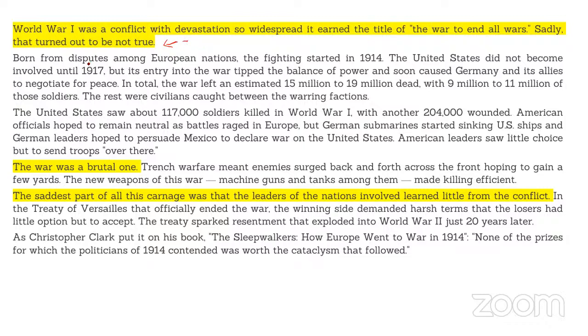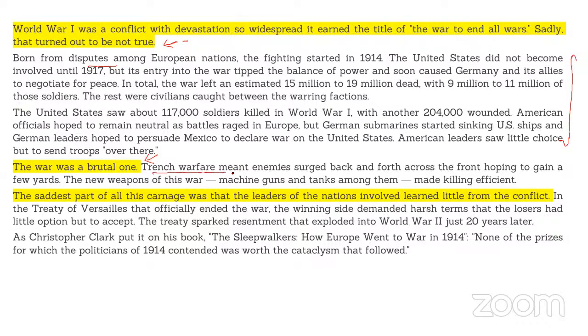So what is it? Born from disputes. So these are all the lines which are factual. The author is now justifying what he has said earlier, why he has called it devastating, and why he has called it turned out to be not true. These are all factual statements. So how many people died, and the war was a brutal one. This is again an opinion.